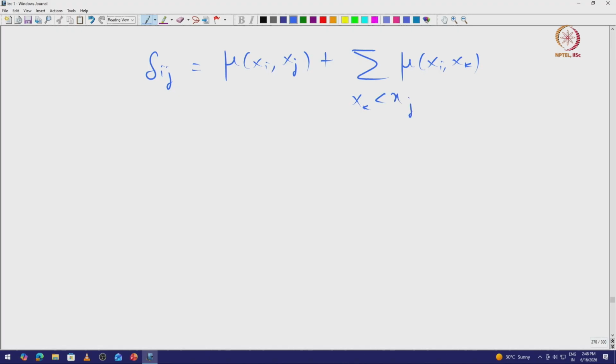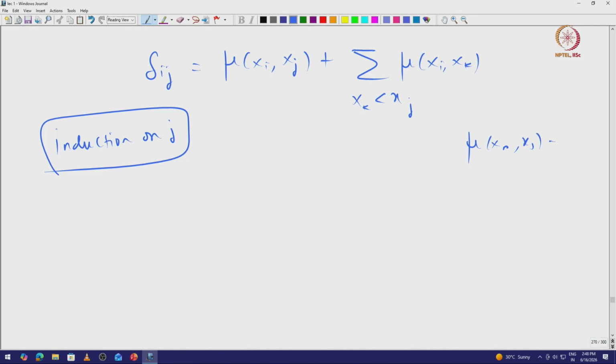Now by induction on j we want to prove that mu of x r comma x s is 0 if x r is not less than or equal to x s. That tells you that x r cannot be equal to x s, so that part is fine. Now we claim that this is actually 0.